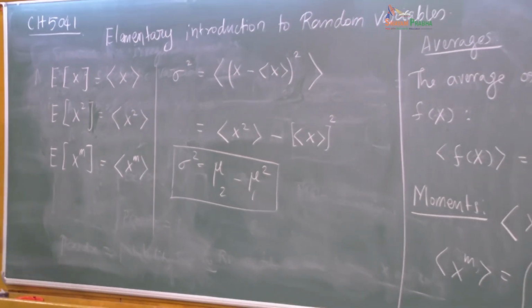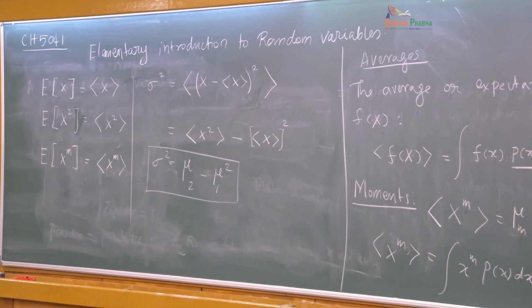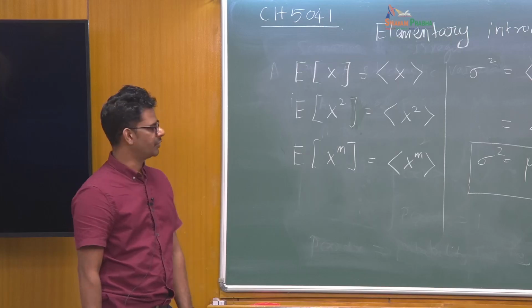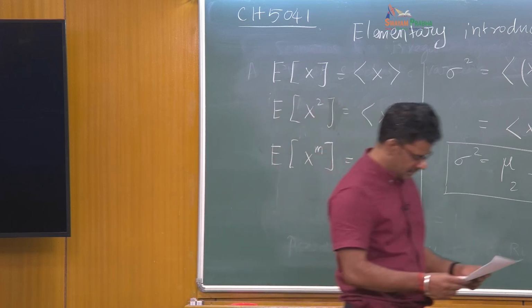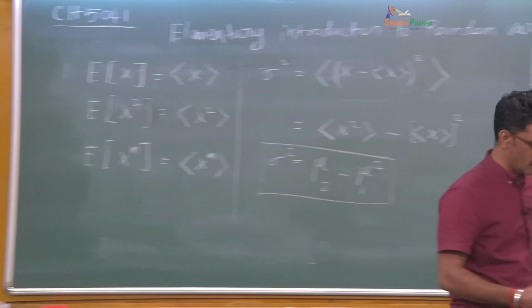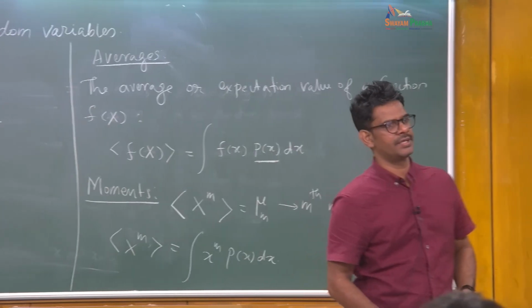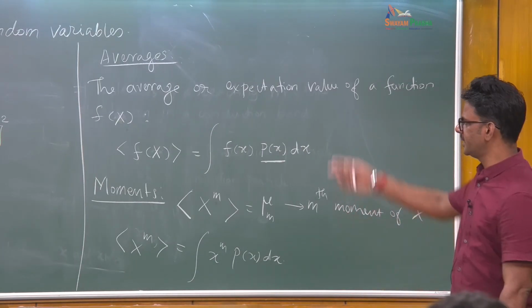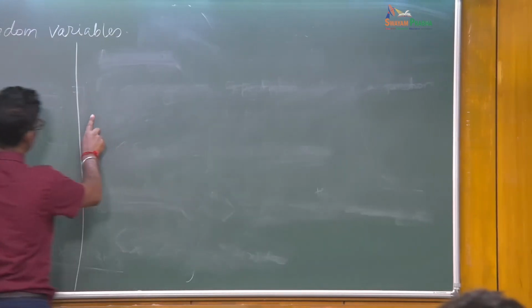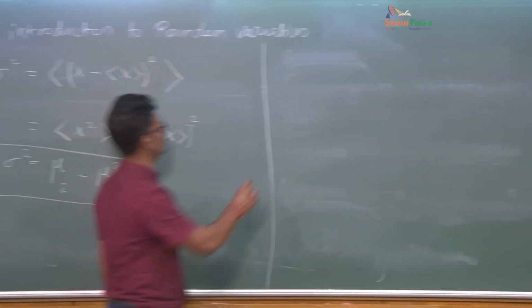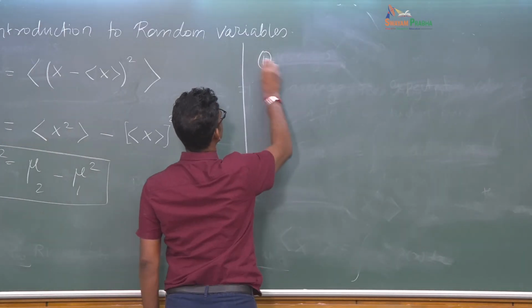So these are again very standard textbook definitions. Now what we will do next is look at some well-known random variables like uniformly distributed, exponentially distributed, and Gaussian distributed, and then get these quantities. The simplest form of a random variable is this uniformly distributed random number.